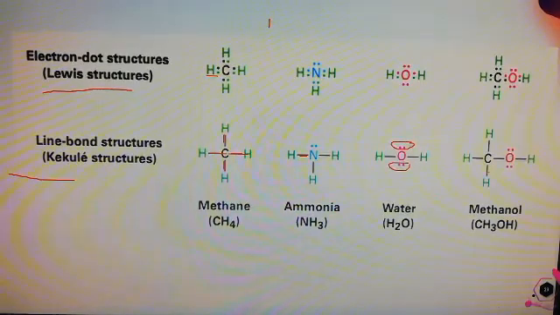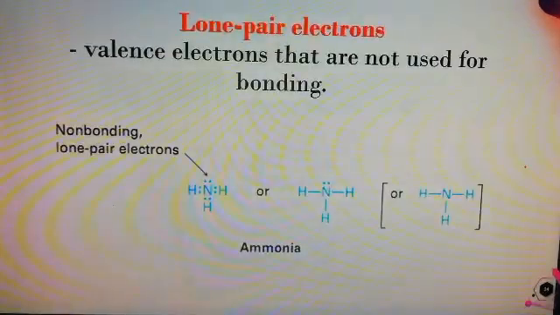So, ayan. And yung methanol natin, we have yung oxygen natin, naka-bond sa carbon and naka-bond sa isang hydrogen. So, that makes a stable molecule. Okay. So, valence electrons that are not used for bonding are called lone pair electrons, or yung mga non-bonding electrons.